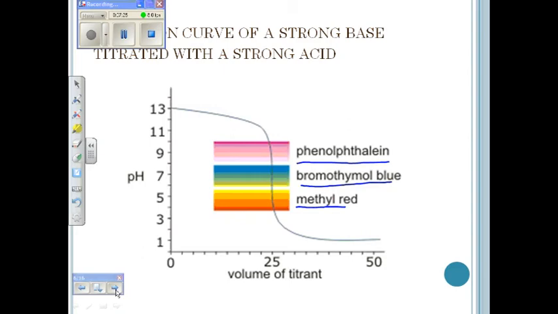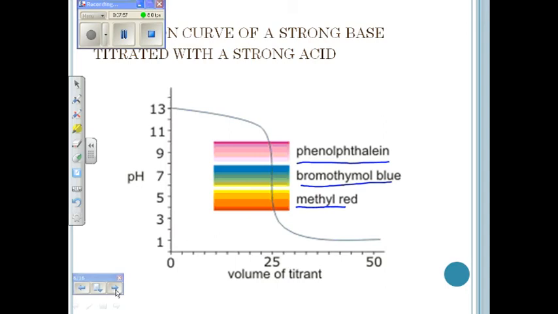That can work because remember that it only takes a drop for this abrupt change in pH to occur. So any indicator that changes within that range is good. In this case, we wanted anything that changed between around 9 and 3 or 4. So you look at your indicator table and pick an indicator that has an endpoint somewhere between 4 and 9. That's how you would do it.